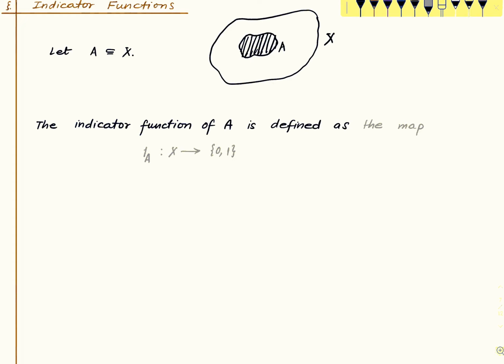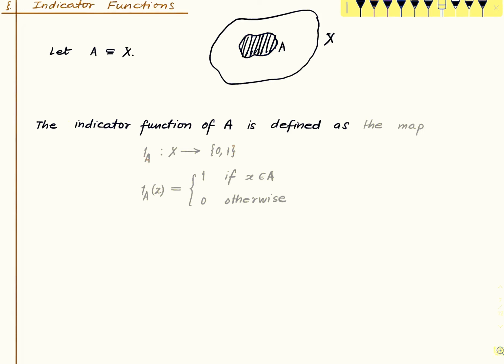So this indicator function is defined as: if little x comes from the set A, then you output 1, otherwise you output 0. Basically, it is encoding the same information as the set A. It's just a different way of looking at the set A.